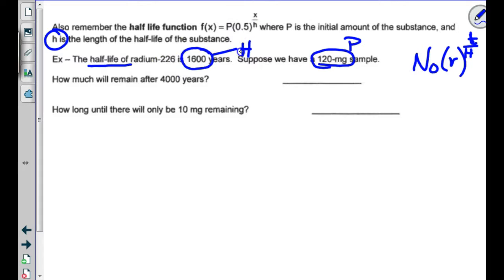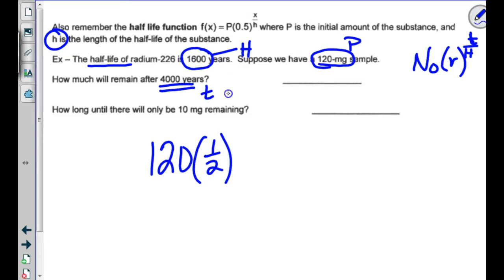They just have put the half in for us. All right, so we have 120, 1/2 or 0.5, and we're supposed to figure out how much will remain after 4,000 years. So that's time, or x in this question. It's normally t. So we have 4,000.